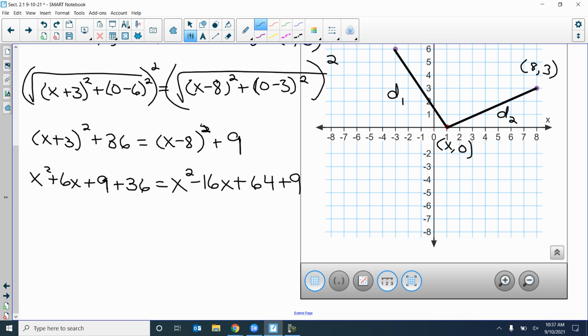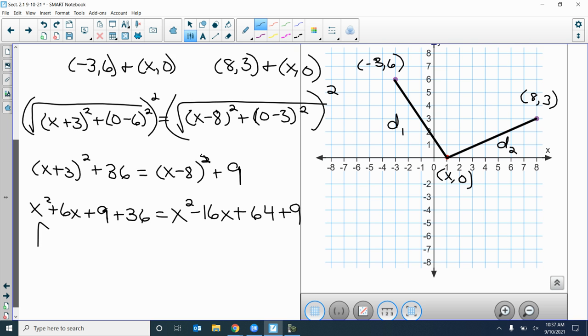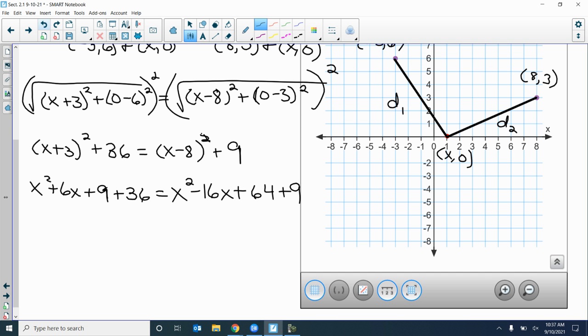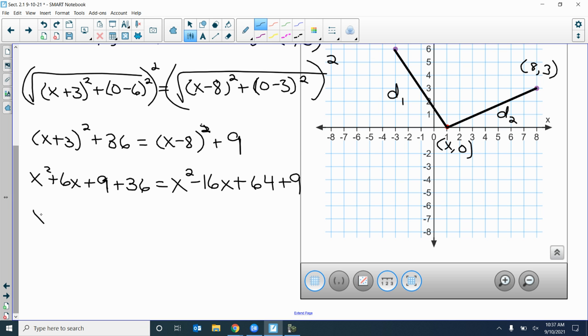And I'm just going to combine those constants: x squared plus 6x plus 45 equals x squared minus 16x plus 73.